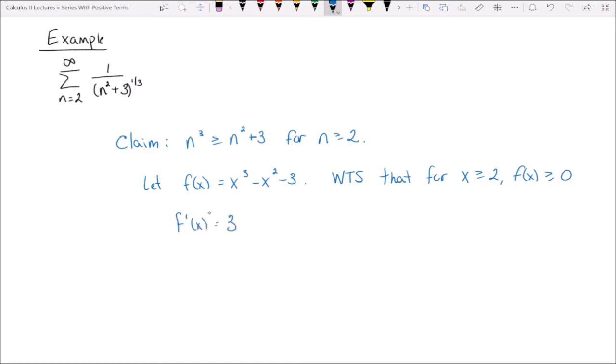What we get is 3x squared minus 2x, which equals x times 3x minus 2. If we set this equal to 0, what we get is x is either 0 or 2/3.